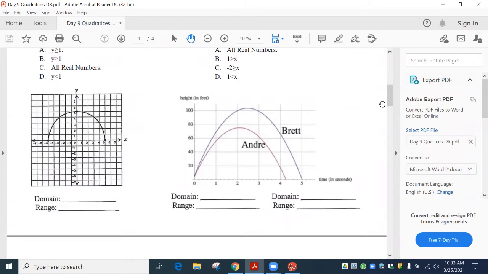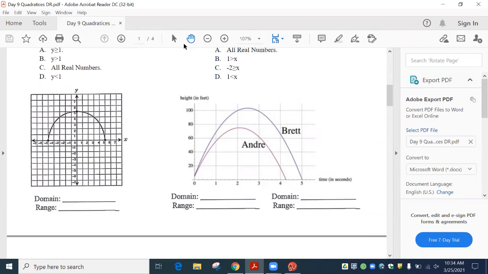One is when they specifically show it in the graph, or 2 is if it's real life. In real life, things don't go on forever, right? We're throwing a ball in the air and it hits the ground. It doesn't continue plummeting through the ground to the center of the earth. So it stops at some point.